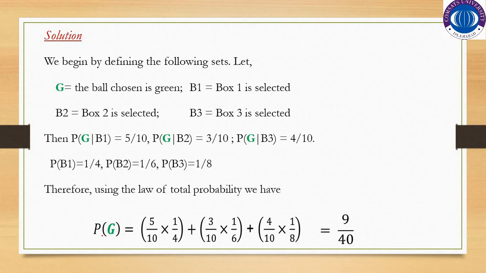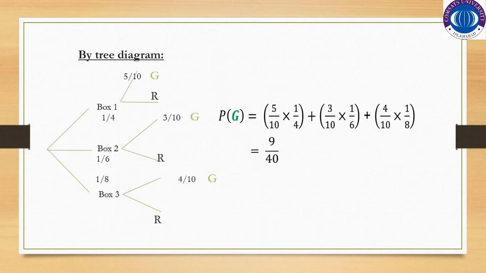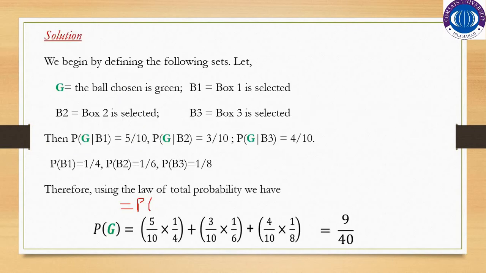So we will apply the total law of probability. Look, here we are concerned with the green ball. We have three situations here: either box 1 will be selected and a green ball will come from it, or box 2 will be selected and a green ball will come from it, or box 3 will be selected and a green ball will come from it. How can we write it?